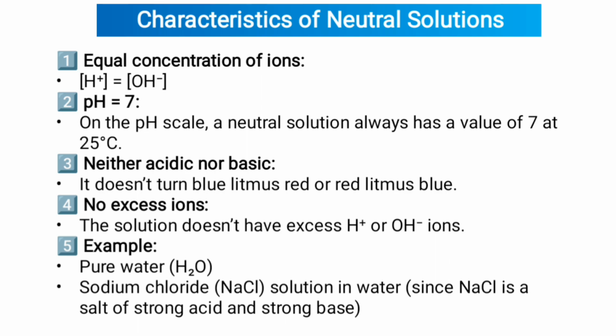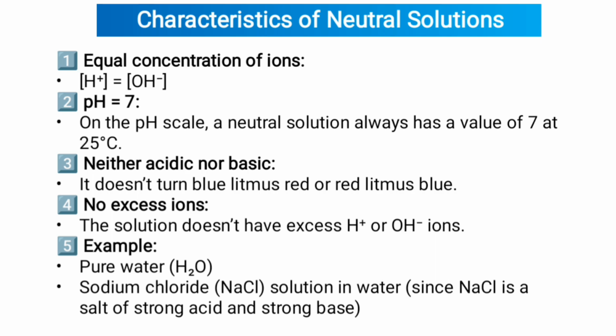The third one is neither acidic nor basic. It doesn't turn blue litmus red or red litmus blue. The fourth one is no excess ions. The solution doesn't have excess H+ or OH- ions. Fifth one, example, pure water, H2O.